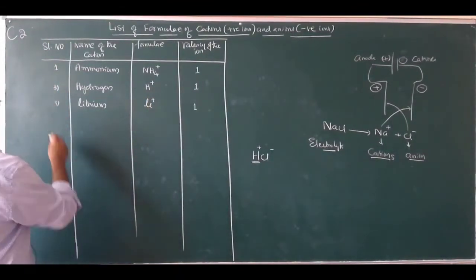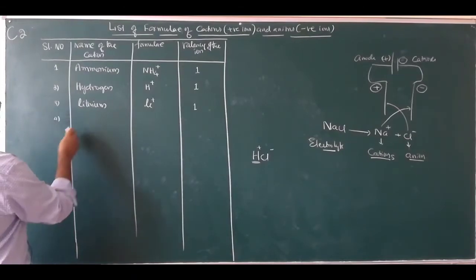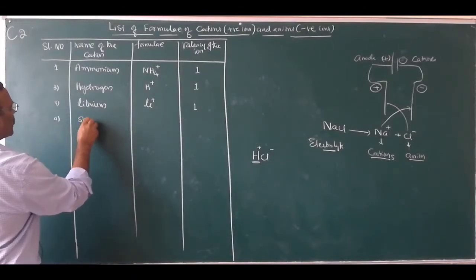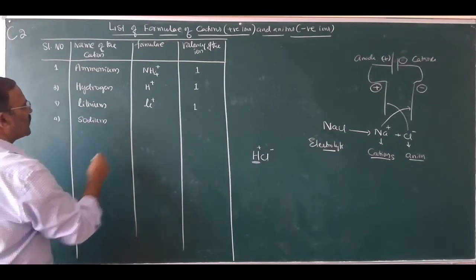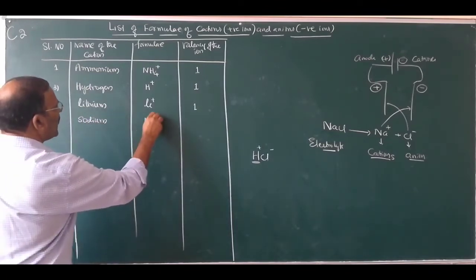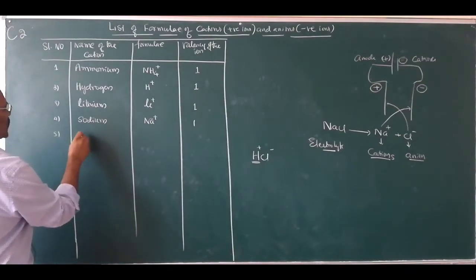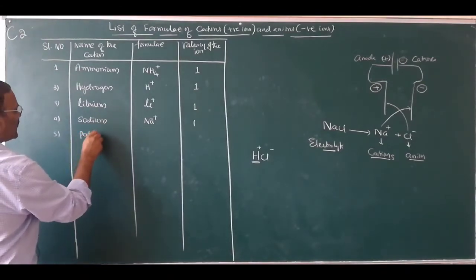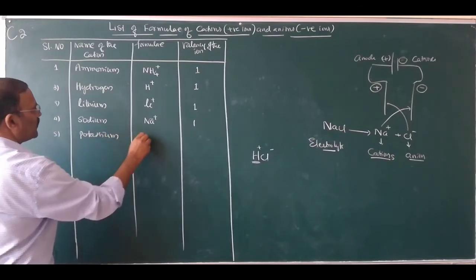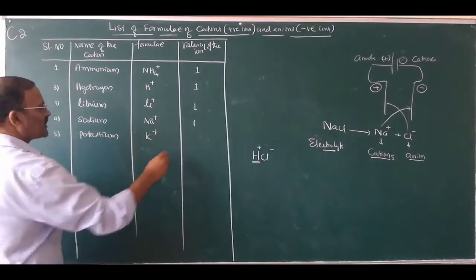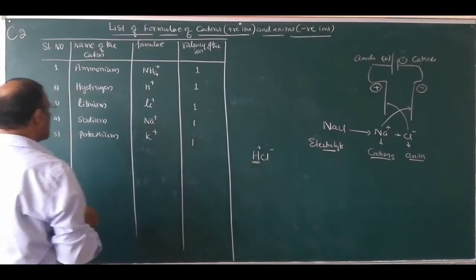Lithium, valency 1. Fourth one, sodium cation, this one is Na plus, valency 1. Fifth one, potassium, this one is K plus, valency is 1.